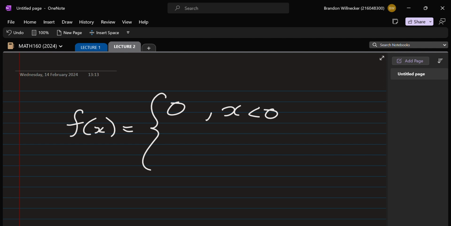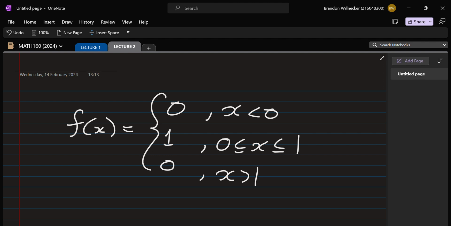That's one part of the domain. When x is less than 0, that's how the function is defined. It is 1 when 0 is less than or equal to x, less than or equal to 1. And then it goes back to 0 when x is greater than 1. We see that this function definition has 3 parts, 3 rules, and on the far right we see the 3 parts of the domain.